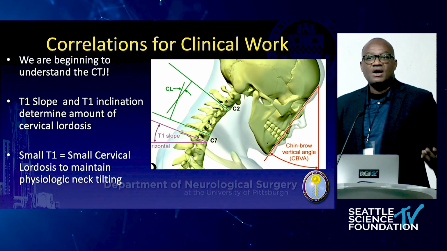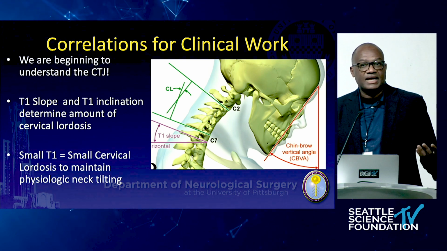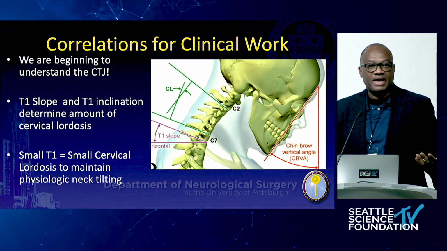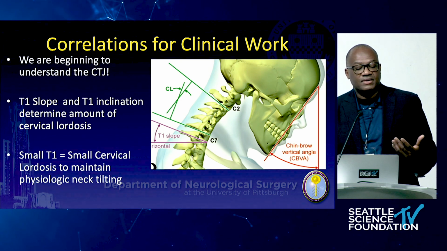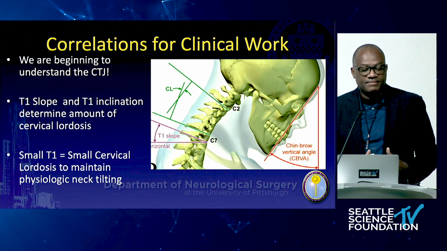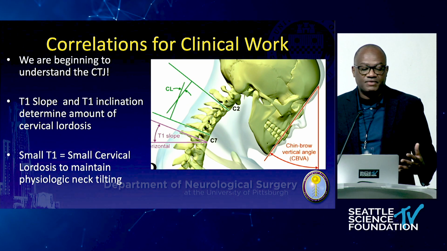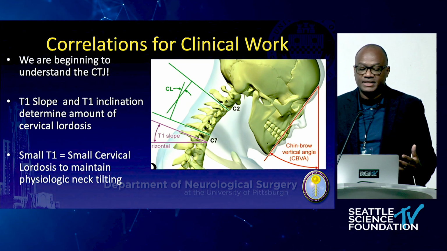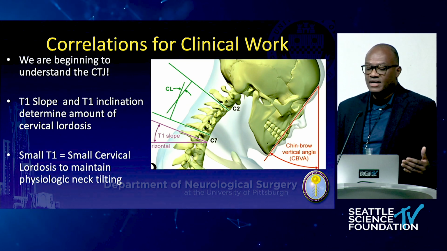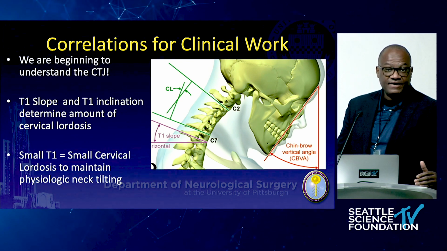So let's go beyond not getting long cassette x-rays, looking at how people stand, their whole global balance. And the understanding is that with a small T1 angle, you need a smaller cervical lordosis to maintain physiologic neck tilting. We've talked about how this creates disability, how this impacts your quality of life.